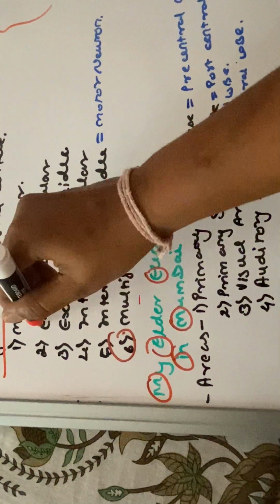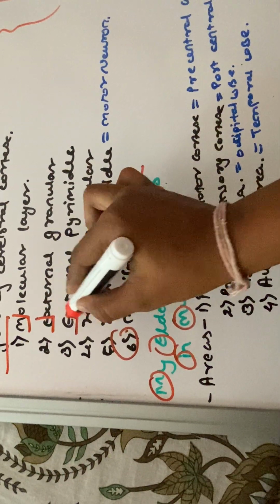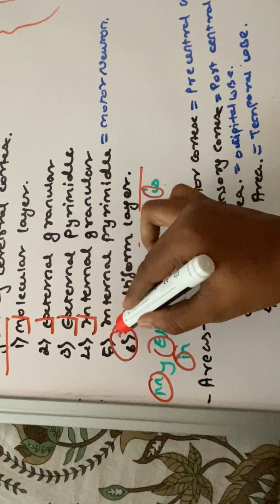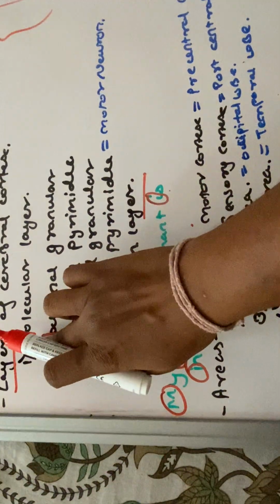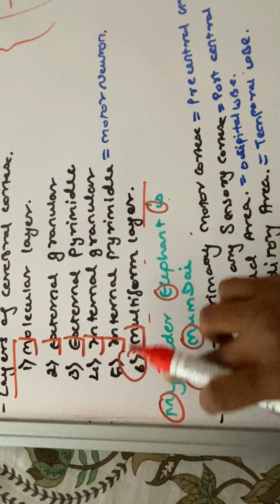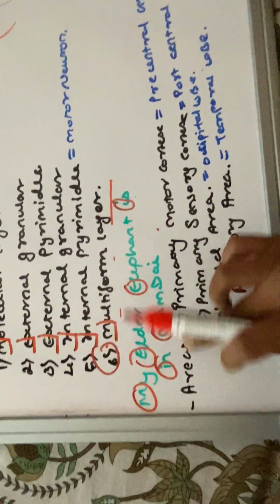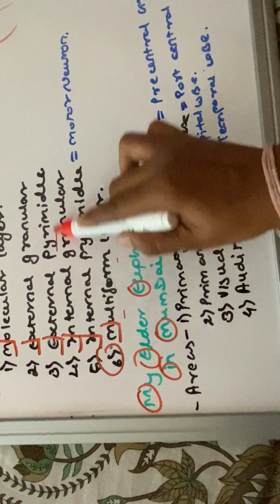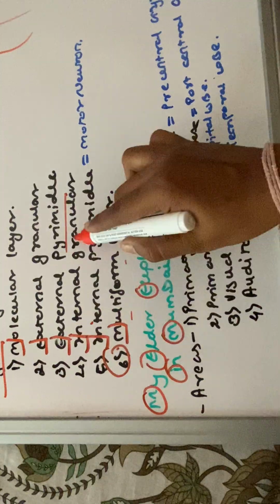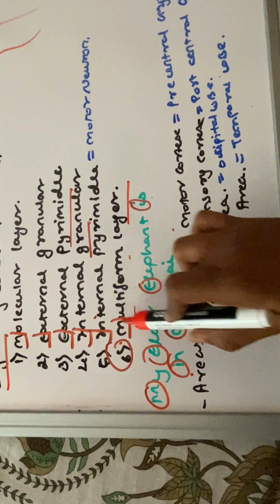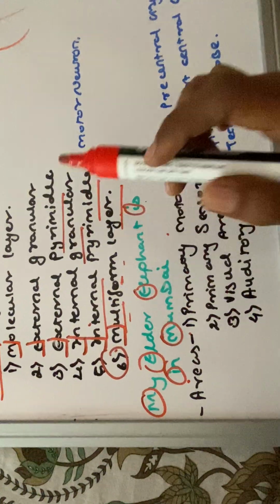So take all the initials. M for molecular level, my elder, E for external granular, E for elephant, external pyramidal, I for internal granular, I for internal pyramidal, M for multiform layer.